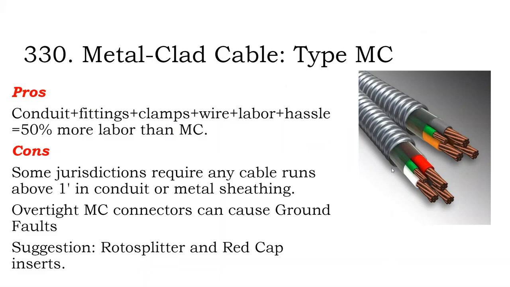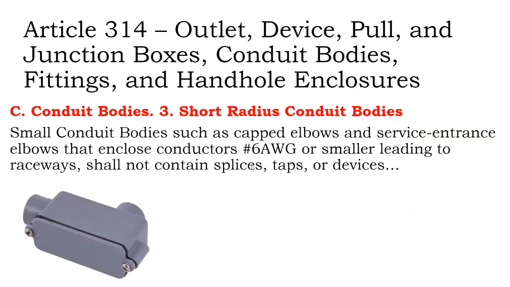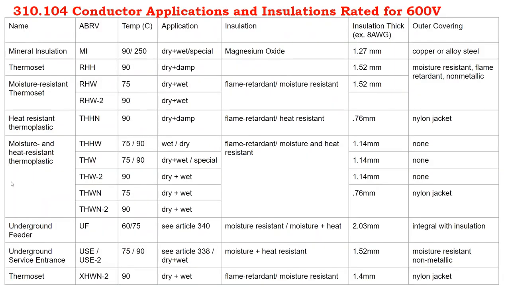Okay, so there's a difference between a cable and a conduit. And there's a difference between a conductor and a cable. Here we're seeing a conductor table where all of these are single conductor cables.